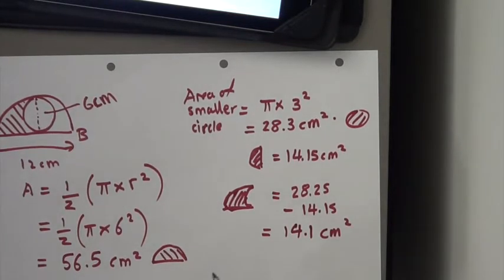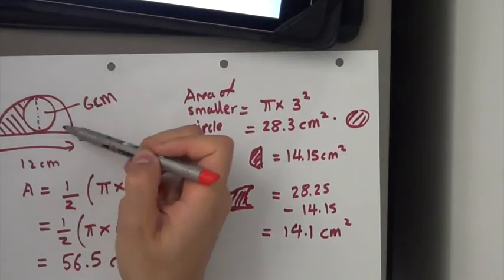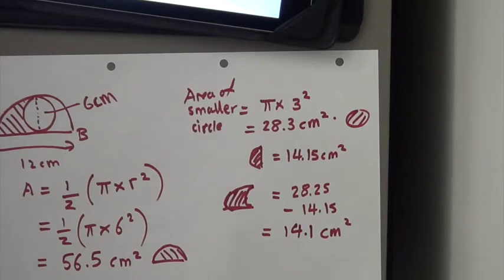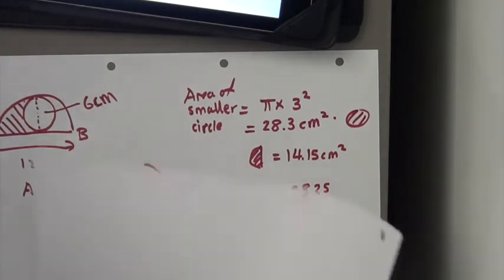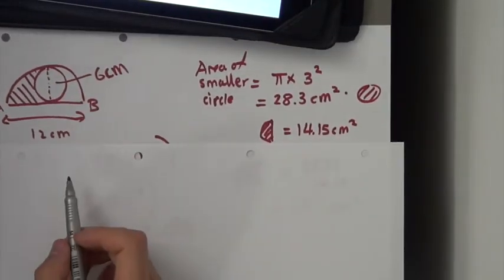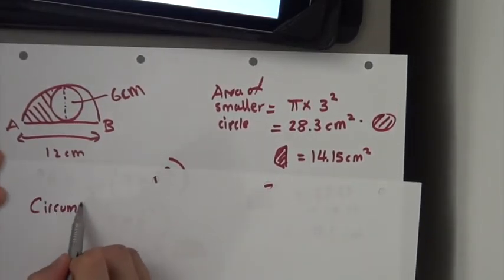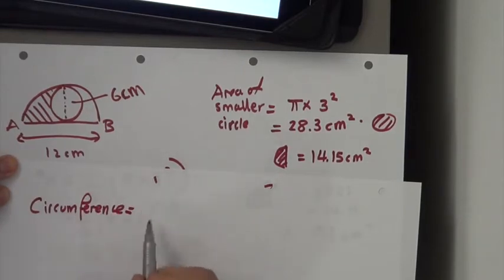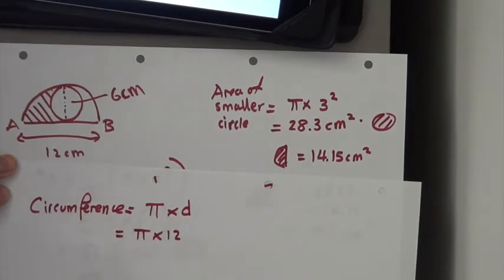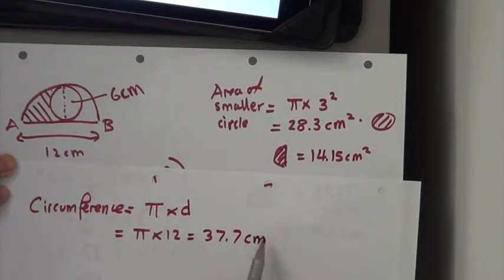Okay, so the next bit says find the perimeter of the shaded area. So this time I'm going to work out the circumference of half of this circle. Circumference equals pi times d. D is 12, so pi times 12 equals 37.7 centimeters, but I only want half of the circumference.